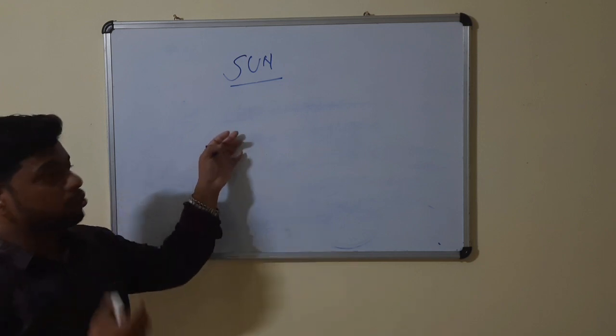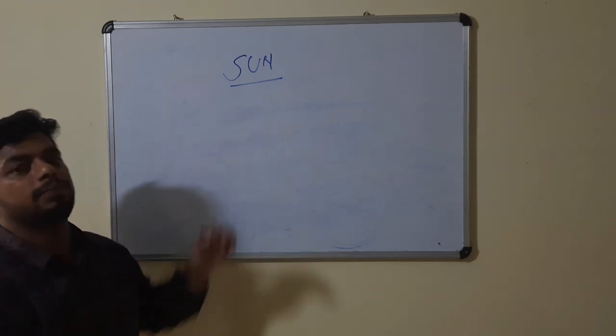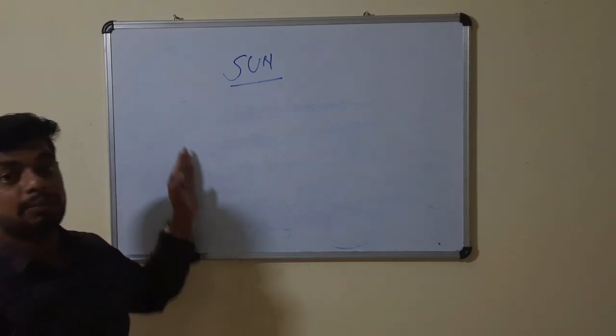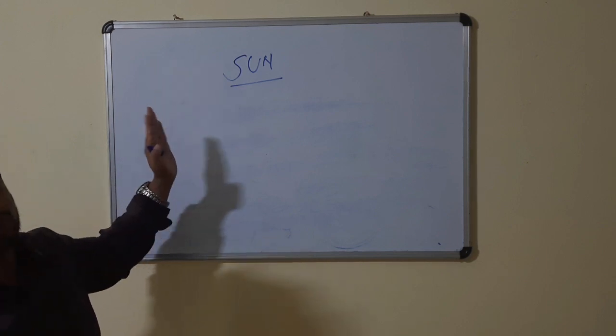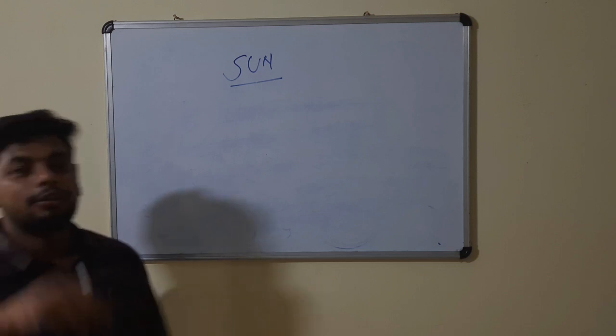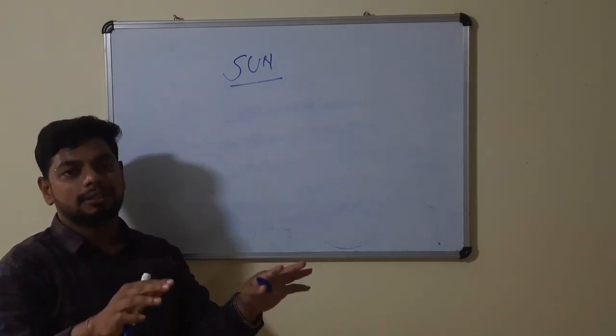Otherwise, if the sun's gravity were not there, they may drift into space. All the 8 planets would drift into space if the sun's gravitation is not there. If the sun is not there, life would not be possible. Neither you nor I nor anybody will exist.